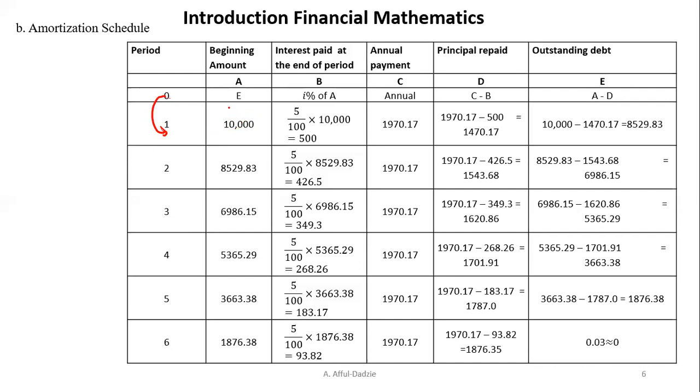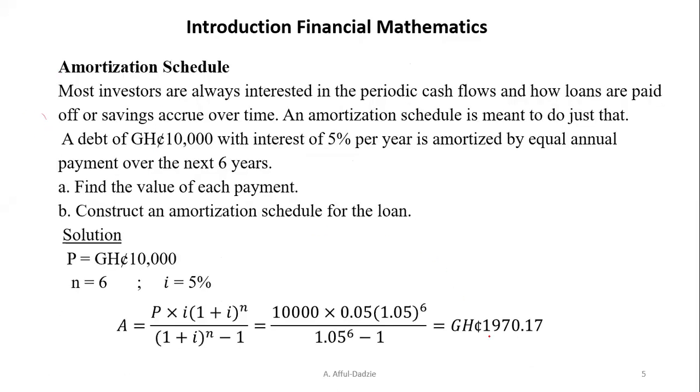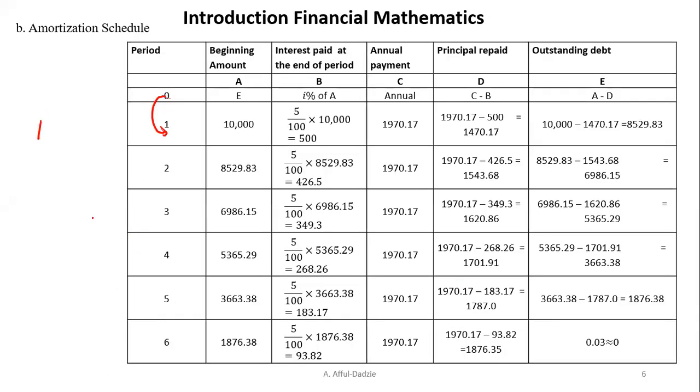Now, the first thing I want to advise is, after you have calculated your annuity, sometimes things do happen and you end up having things jumbled up. So please let me plead with you that once you have been able to calculate your annuity, just complete the whole period from 1 to whatever period you have.